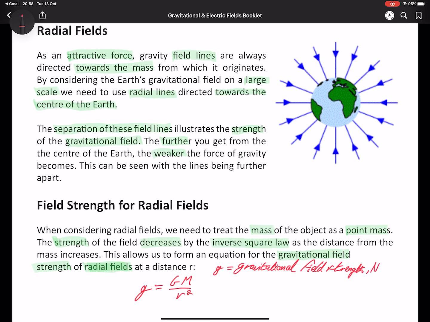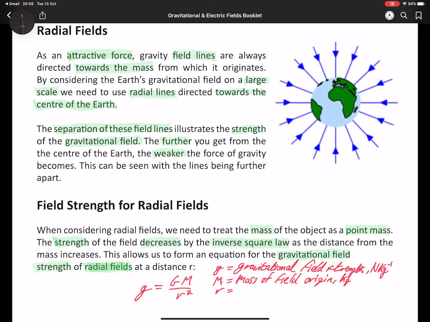We then have two newer things to consider. Big M just represents the mass that is actually causing this gravitational field. So in this case, for the diagram, it would be the Earth. So it's the origin of the gravitational field.